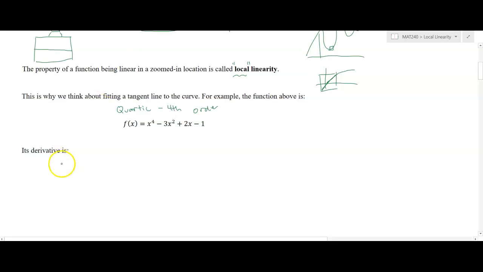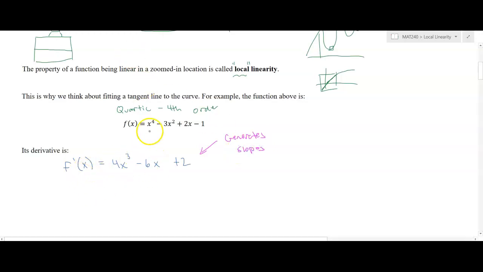And the way we do that is by computing the derivative. So the derivative, or f prime of x, is going to equal 4x cubed minus 6x plus 2. Now this is the slope function. This function generates slopes. That's what a derivative does, or at least one of the ways we can think about what it does.